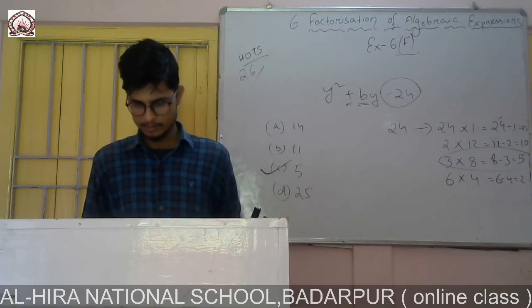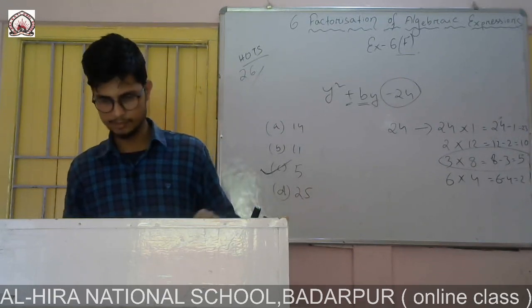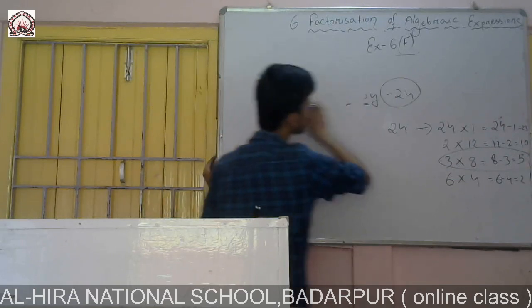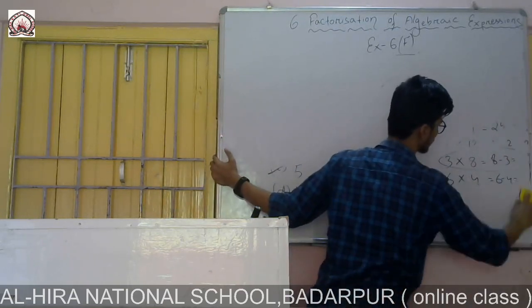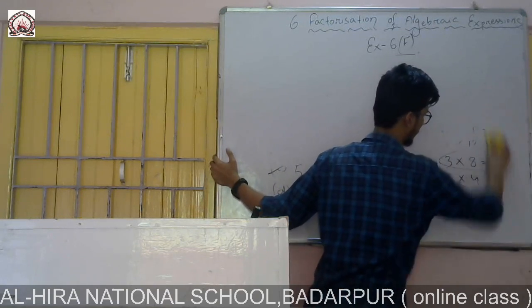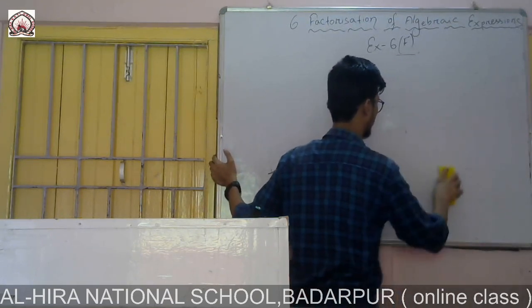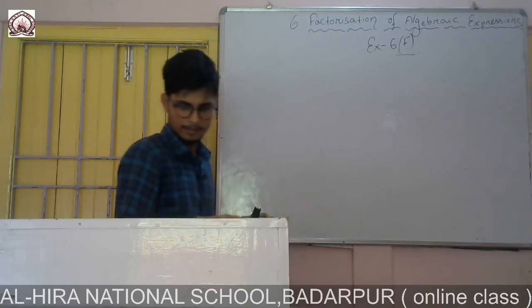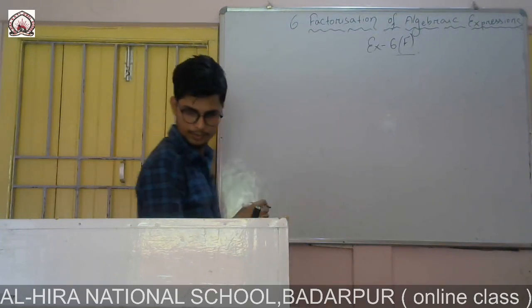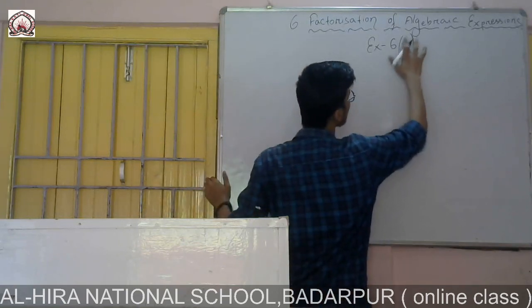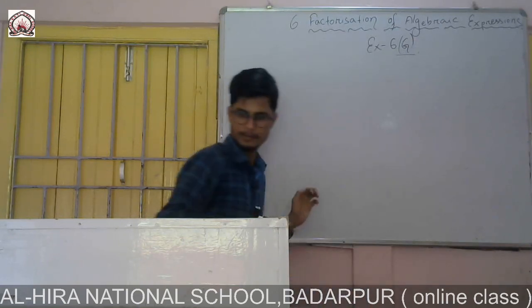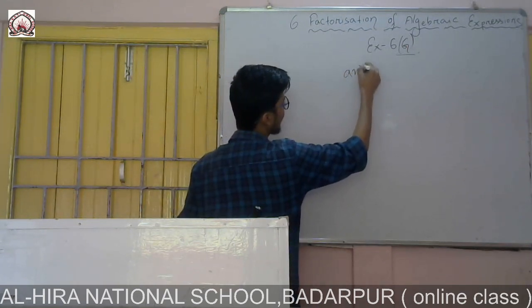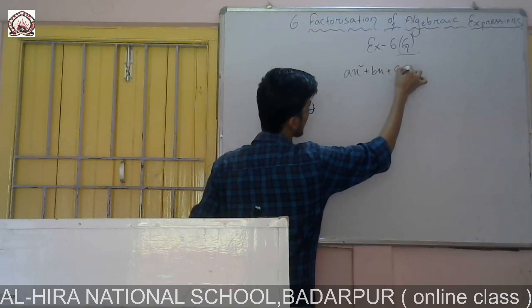So now let's move to exercise 6G. In this exercise we will find the factors of trinomials of the form ax square plus bx plus c.